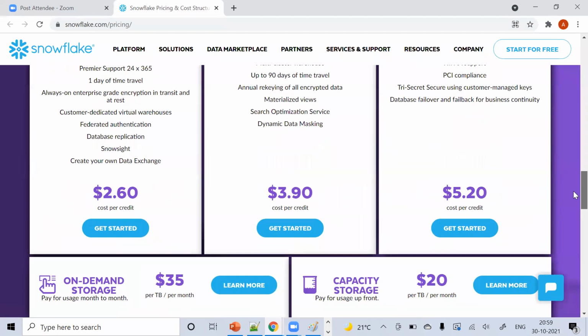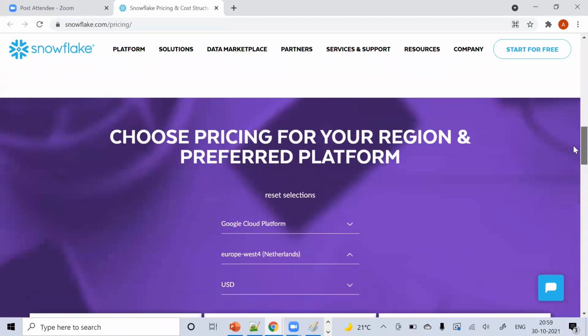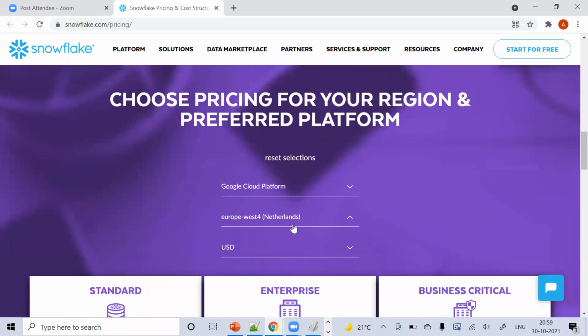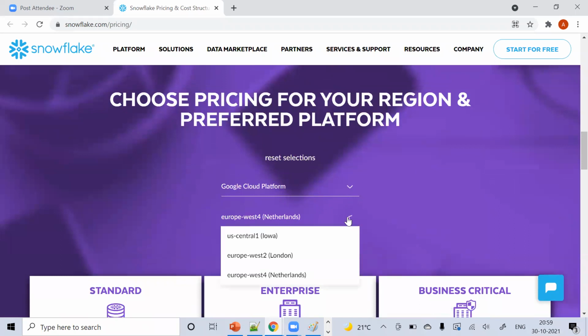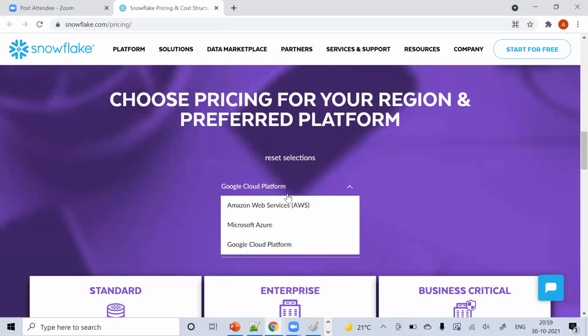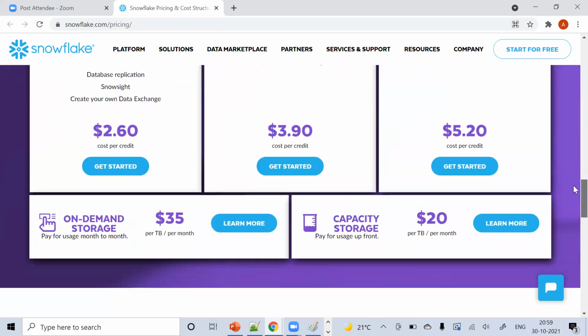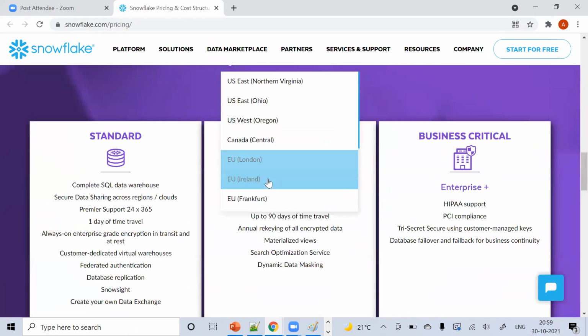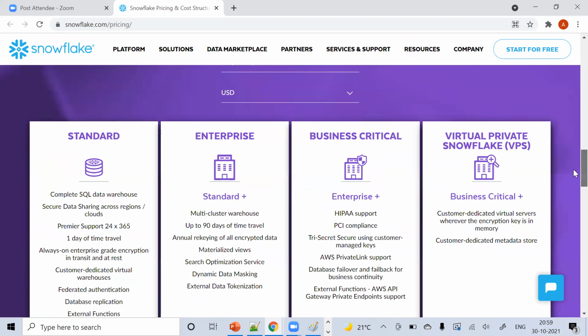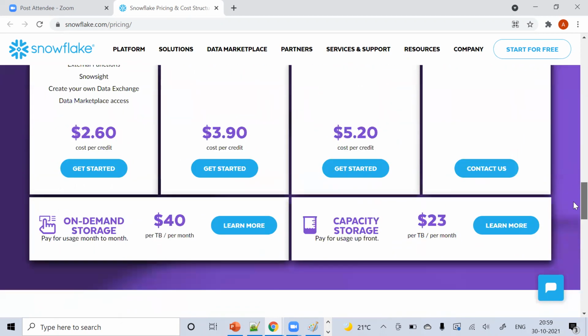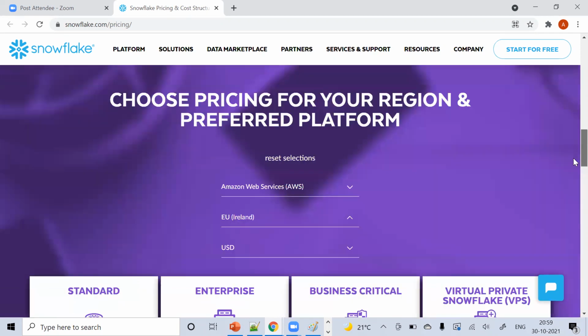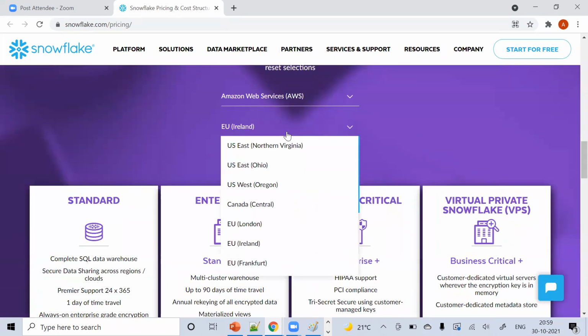And if you choose Europe also, with the same Amazon AWS, there will be a difference. Yeah, 45 something, 30. Okay, we choose Ireland. No, it's the same, right? Let me choose another maybe.